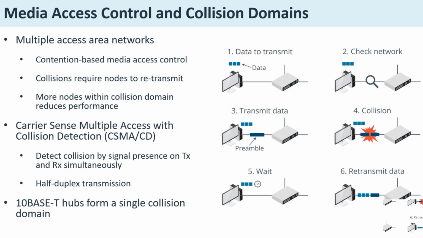On detecting a collision, the node broadcasts a jam signal. Each node that was attempting to use the media then waits for a random period, backing off, basically like a dam, open, shut, before attempting to transmit again. And of course, you guys see an example here: data to transmit, check the network, and ensure that there's transmittable data and there's a preamble. If there's a collision, it decides to wait and then retransmit the data when there's no other data being transmitted.